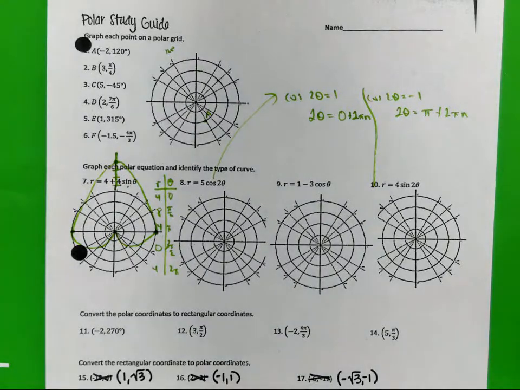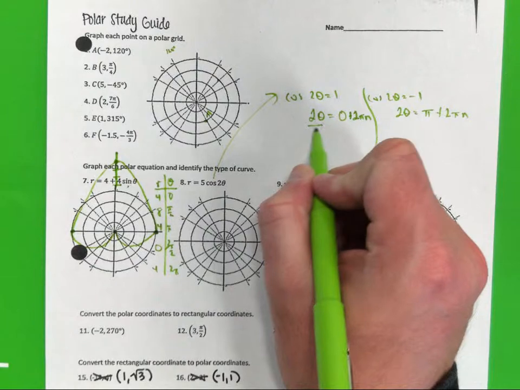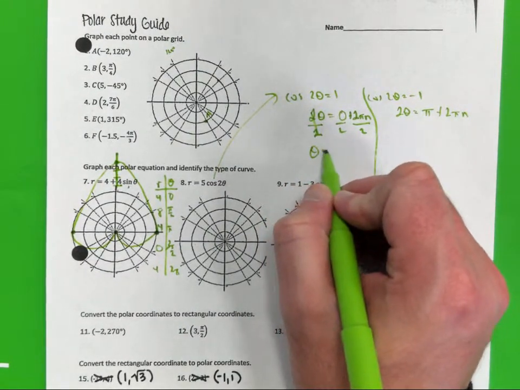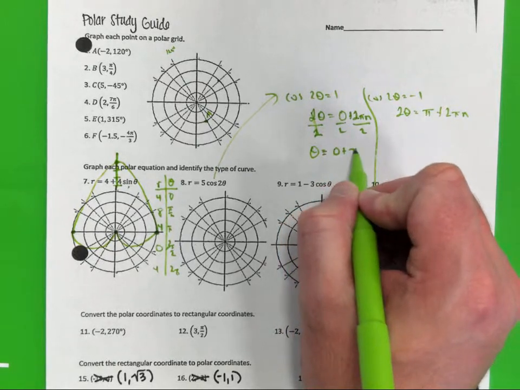Do you just do the plus 2 pi because it's just a rule? Yes, and the way I remember the period of a sine and cosine graph is 2 pi. That's how I remember. Now I'm going to divide everything by what right here? 2. Now that's where I'm ready to do that. So theta equals 0 plus pi n.